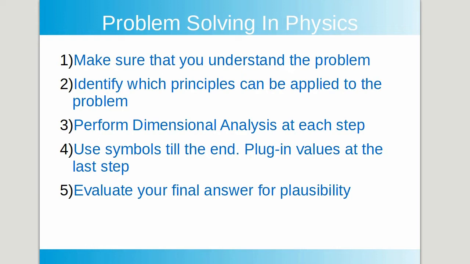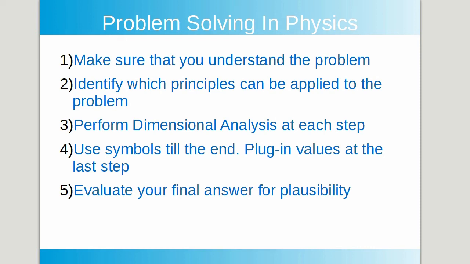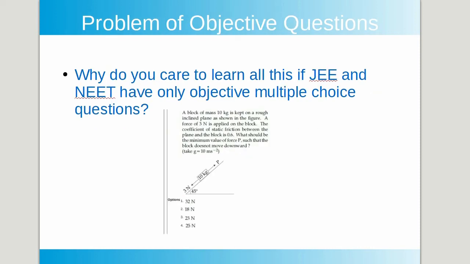Now most exams have become objective, like IIT JEE or NEET, and questions are like these. So you must be wondering why bother about learning all this when all you have to do is pick up one option that is given, one of the 4, and if you choose randomly anyone, chances of your being correct is 1 in 4.